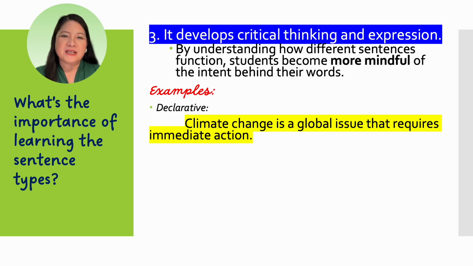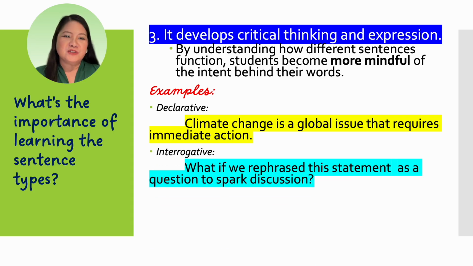So with the understanding of the sentence types, the speaker understands that he or she is merely conveying information and not asking about anything or trying to make someone do something. In the interrogative, the speaker understands that he or she is asking a question, hence an answer is needed. Example: What if we rephrase this statement as a question to spark discussion?